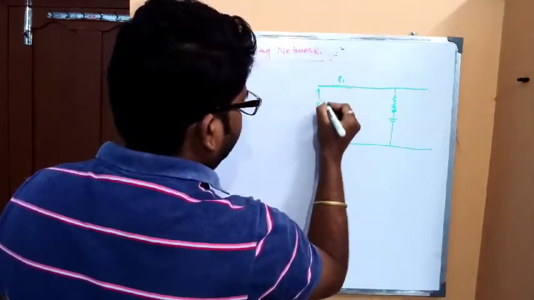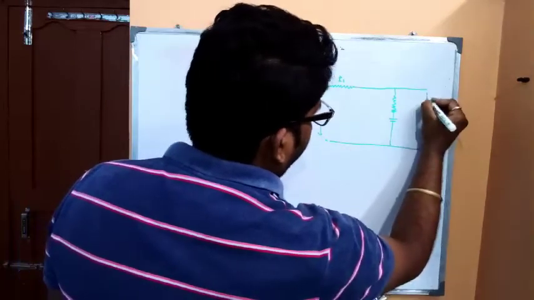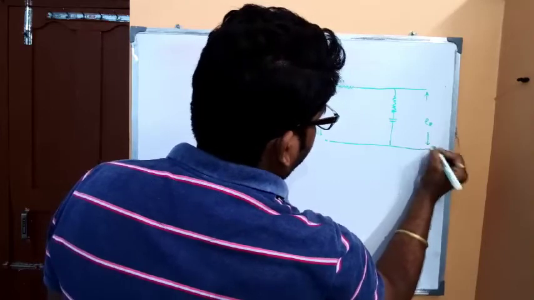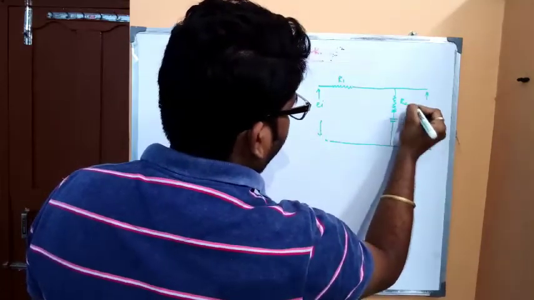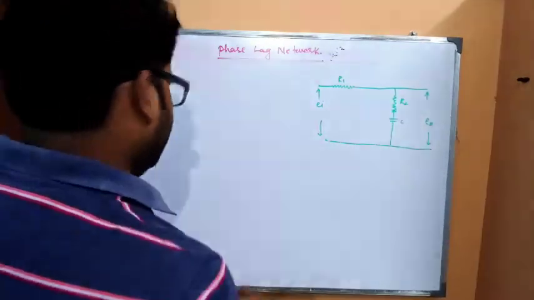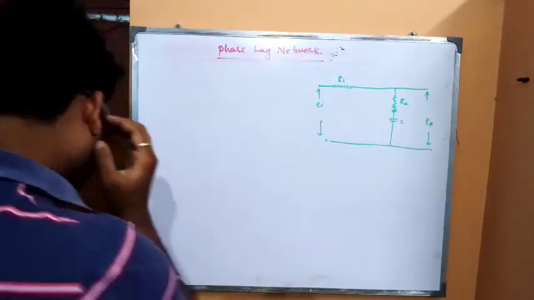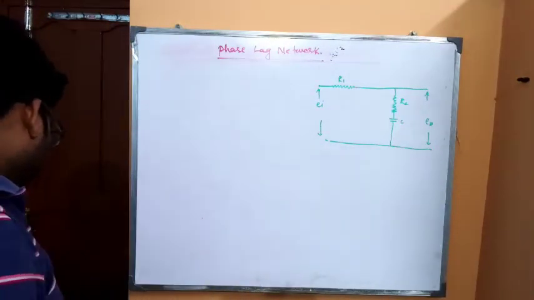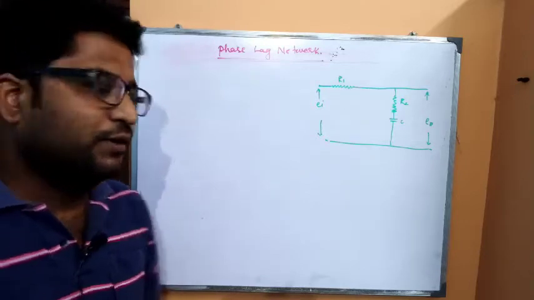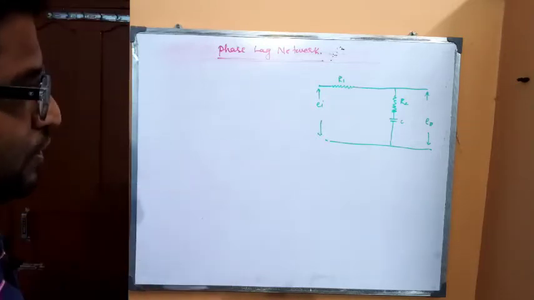Here we are considering the input E of i, and here the output E of 0. Here that is R of 2, and that is C. So this is the network which represents the phase lag. Now apply KVL in this network.